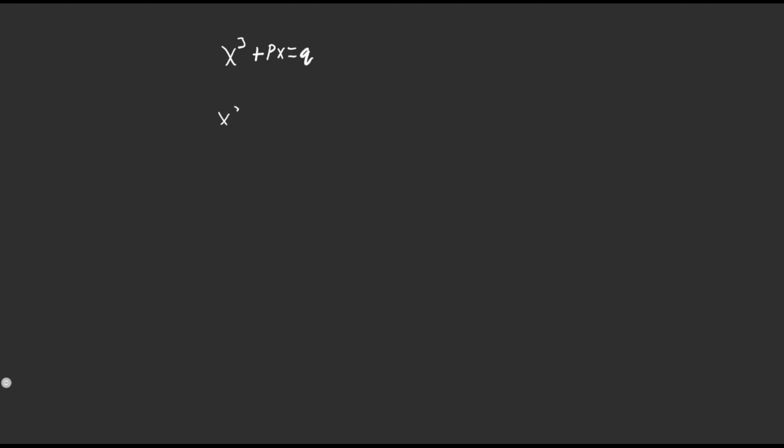And with this, we will get x cubed plus px is equal to q plus something that maintains the equality. But what exactly do we do to complete the cube?